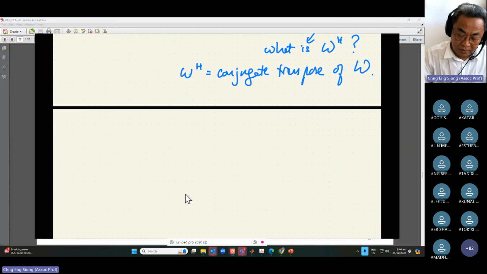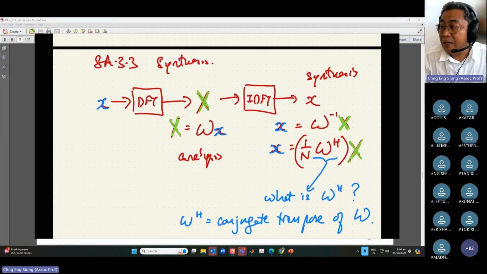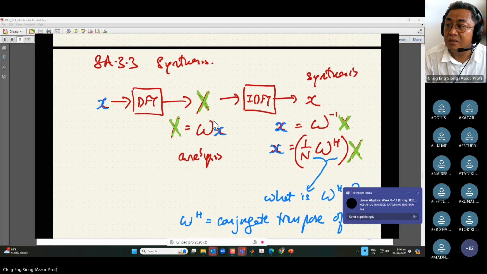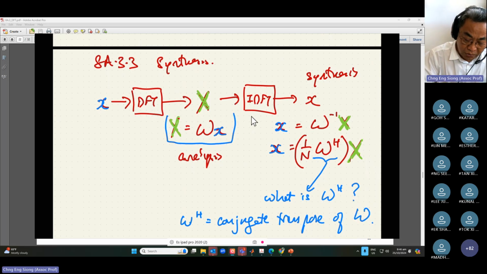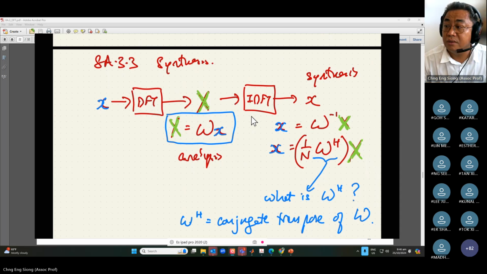This is the DFT matrix, W, and the small x to the final answer. You're talking about this, Shahu? Yes. So you're asking me how to do this, Shahu?